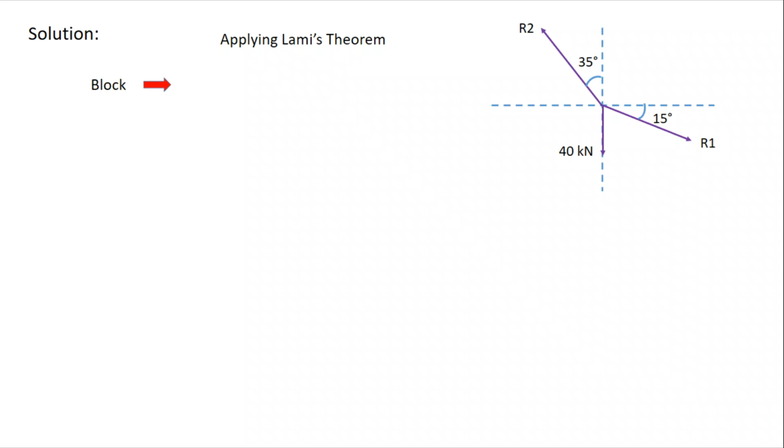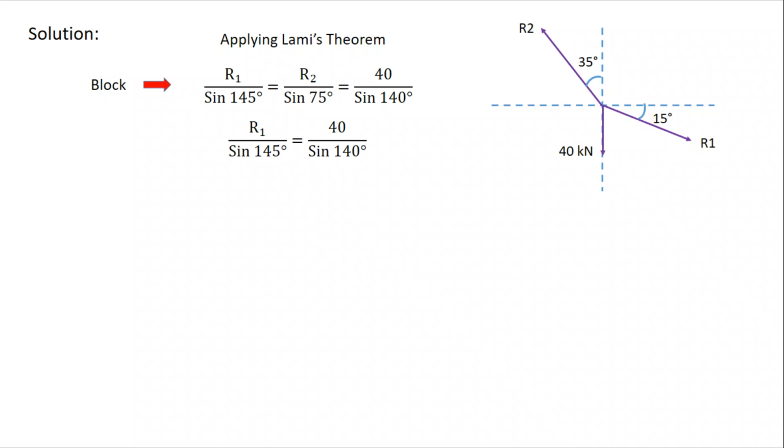R2 divided by the sine of the angle between R1 and the 40 kilonewton force, equals R1 divided by the sine of the angle between the 40 and R2, equals 40 divided by the sine of the angle between R2 and R1. So this is the formula for Lami's theorem. R1 divided by sine of the angle between R2 and 40 kilonewton, that is sine 145, equals R2 divided by sine 75 degrees, the angle between the 40 and R1, equals 40 divided by sine of the angle between R2 and R1.